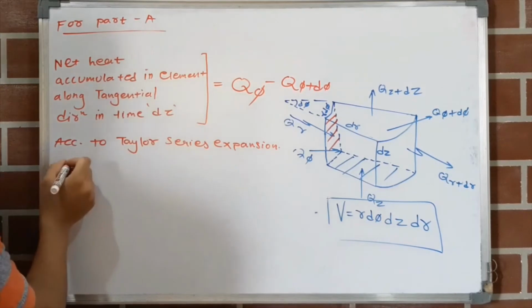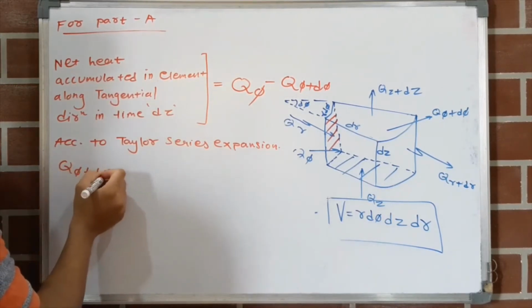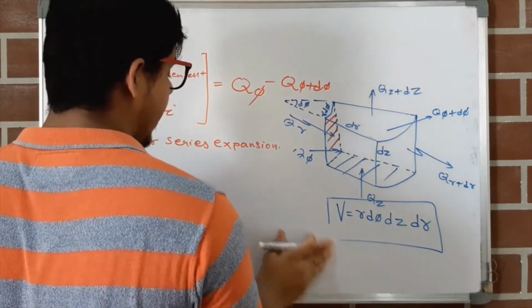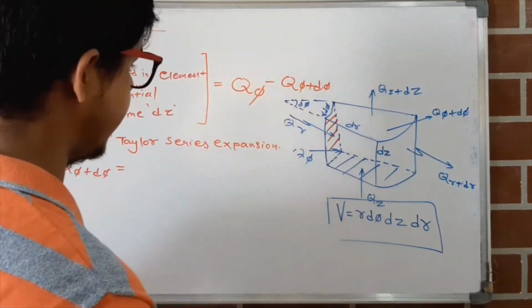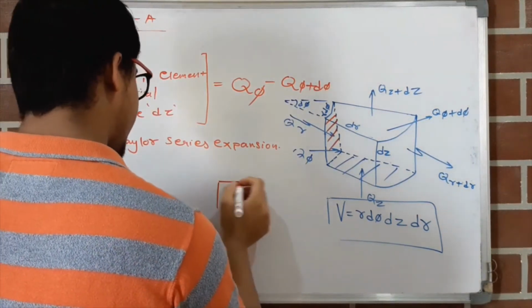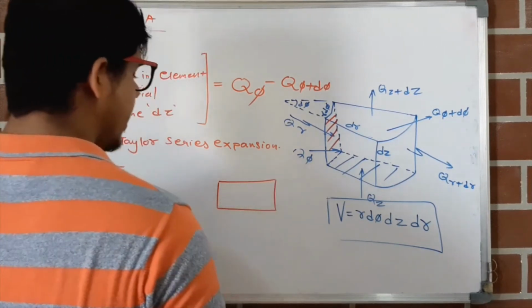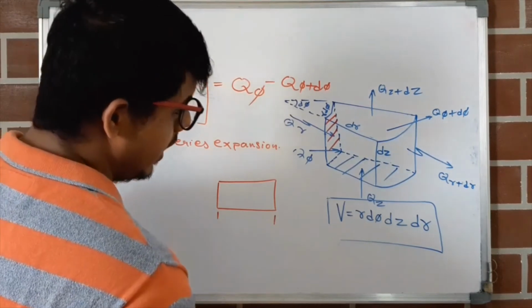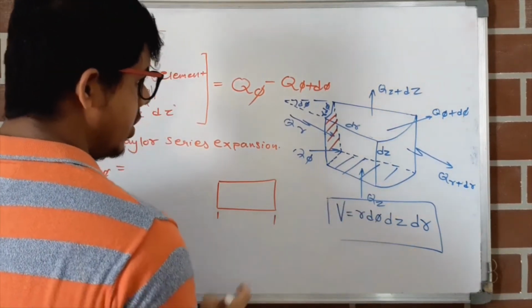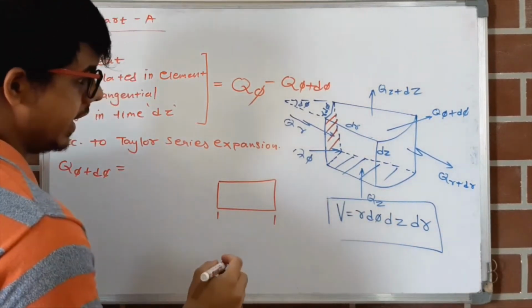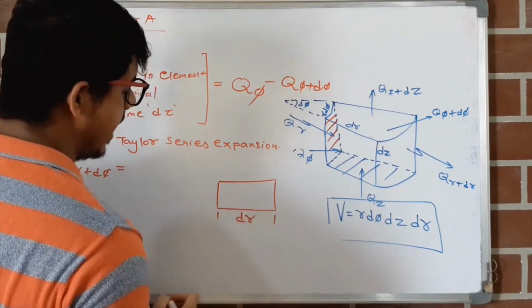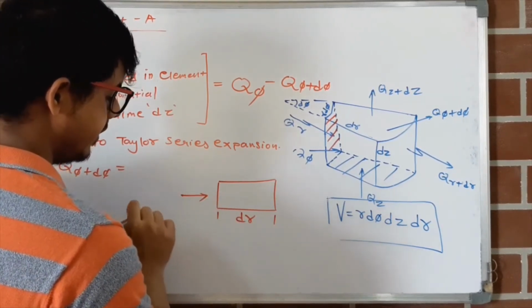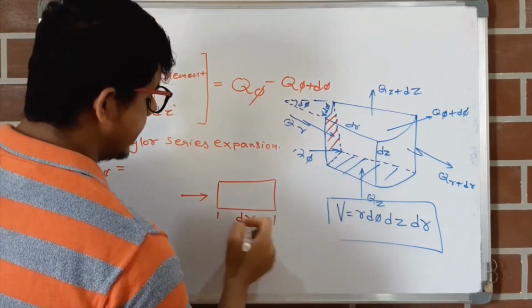When we expanded earlier, say for the radial direction, we had the element of length dr, and the heat entering travels the distance dr.